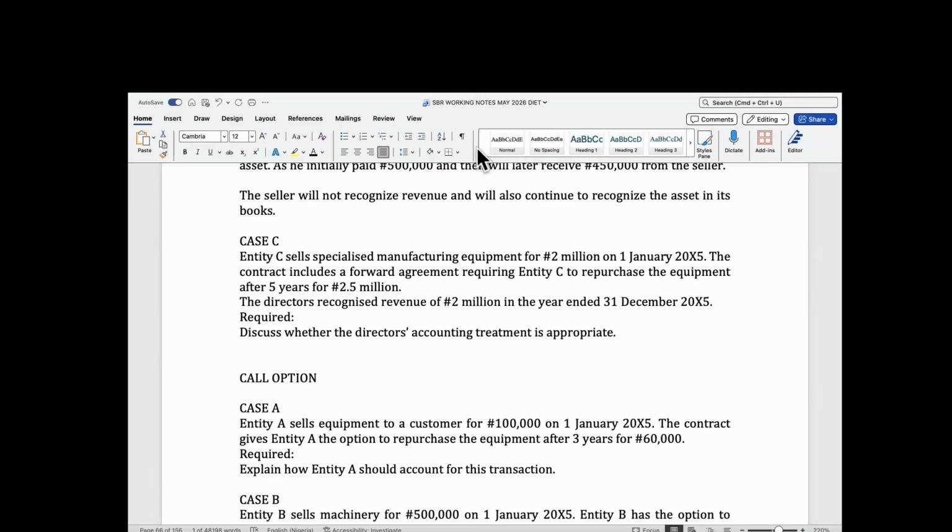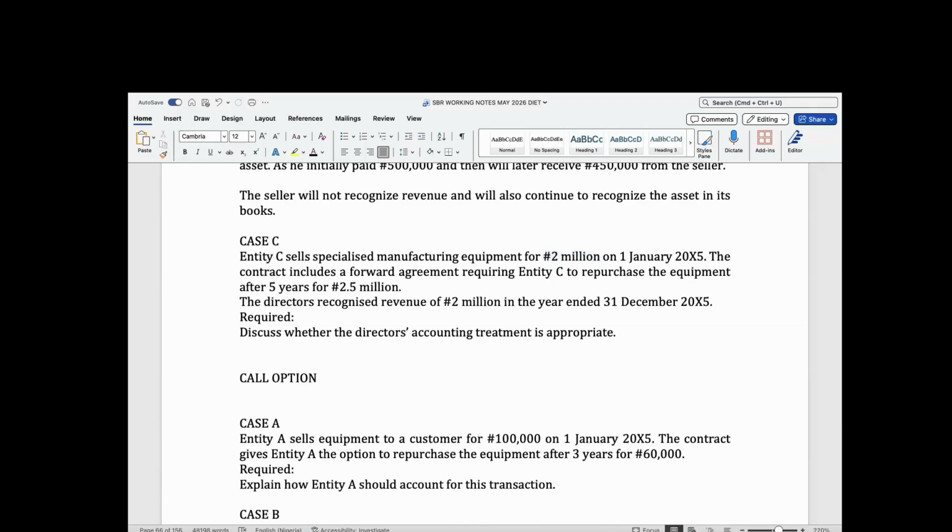So for scenario C, it sold goods for 2 million. The contract includes a forward agreement requiring entity C to repurchase for 2.5. Even without thinking, based on my explanation, this is a financing arrangement and the repurchase price is higher than the original selling price. Okay, so the 2 million is a loan.